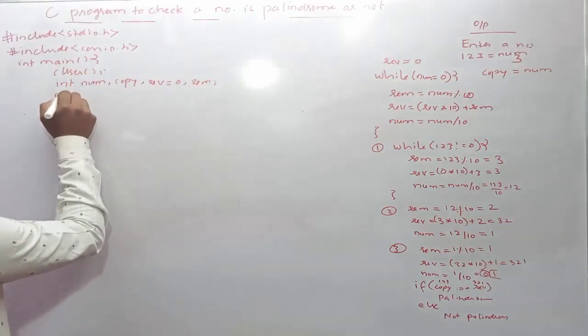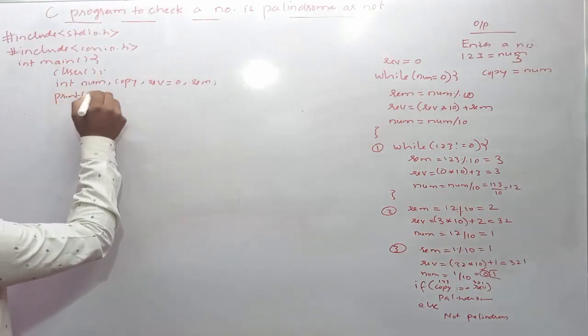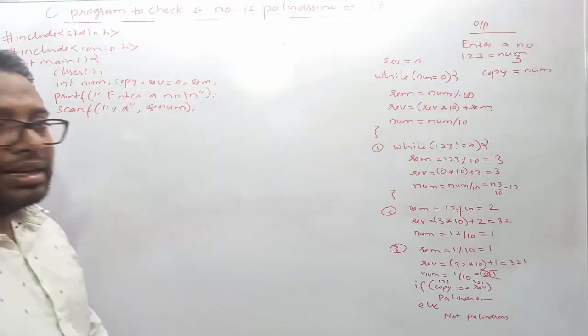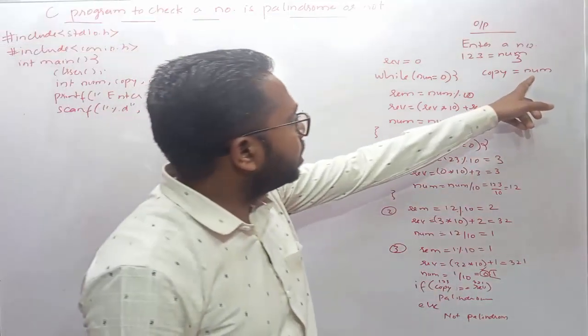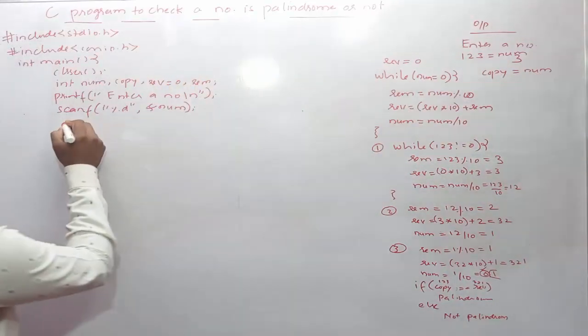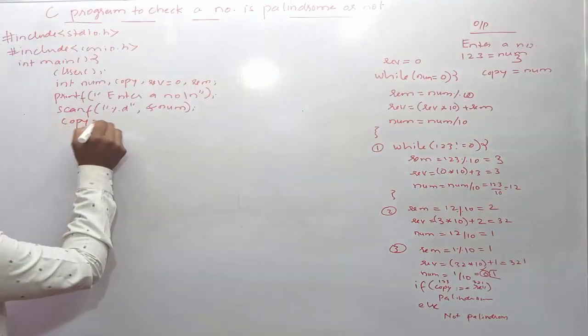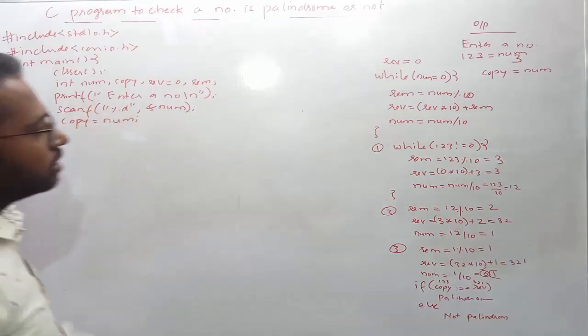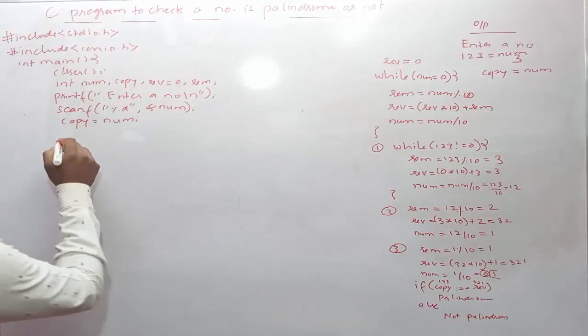Then I will use printf function to display that message, enter a number. Then I will read that number. Next, as I have told you, we need to copy the value of num to a copy variable at the very beginning itself. Next, we need to perform this logic.